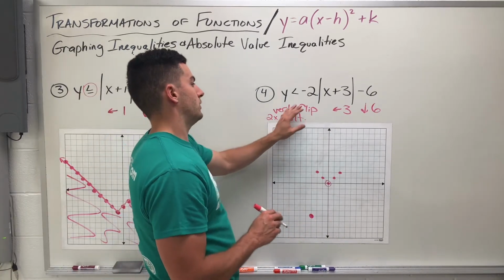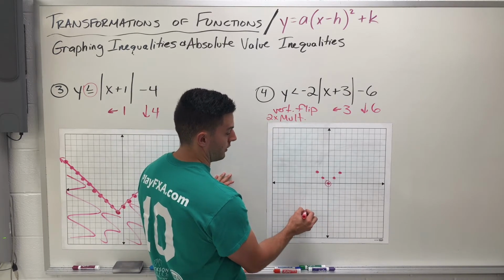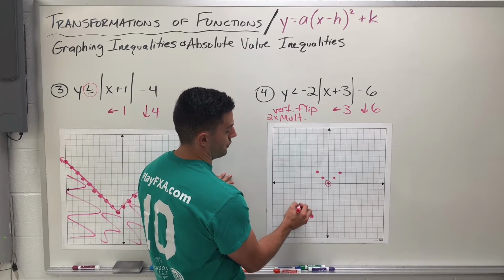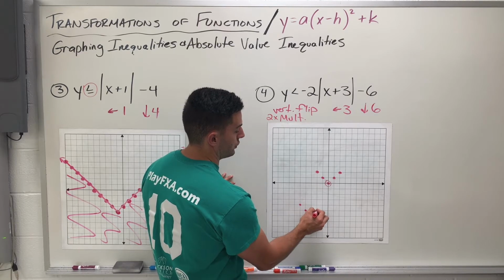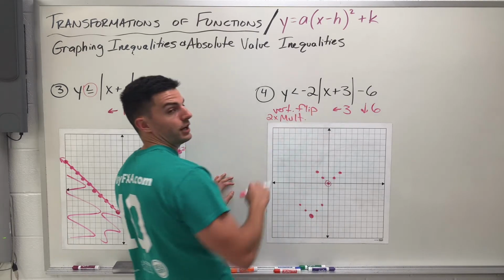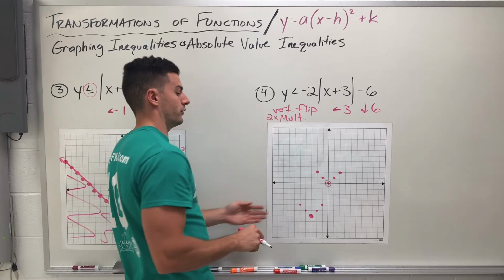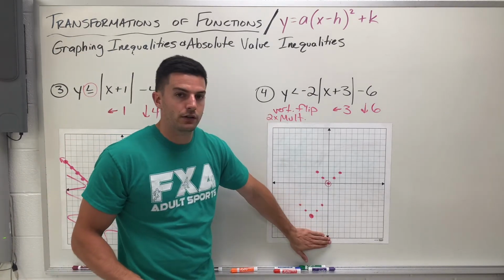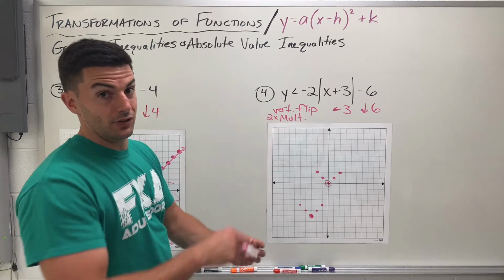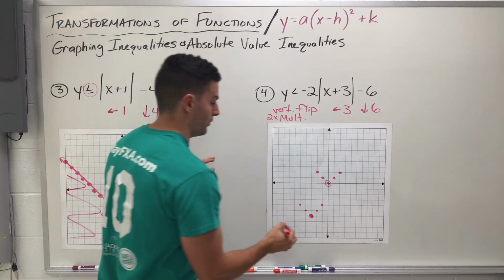And then I do these two things, okay? When I was first teaching this with a lot of transformations, you could kind of draw what the original shape would be without an A value here, but it's going to be different than that, because there's two things. It's a vertical flip, so it's going to be going downwards now, and there's a 2 times multiplier, so the y value distance is going to double.